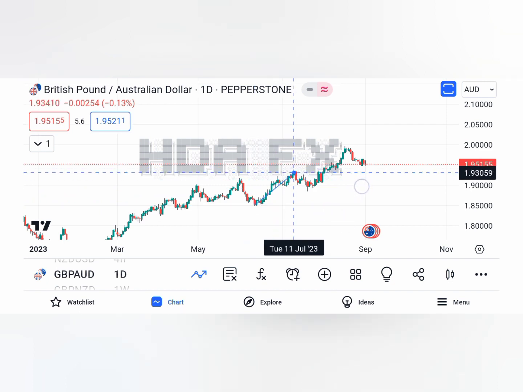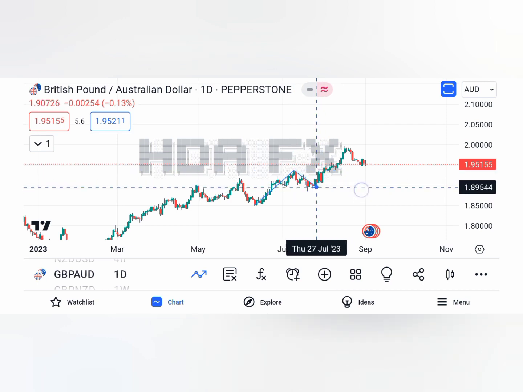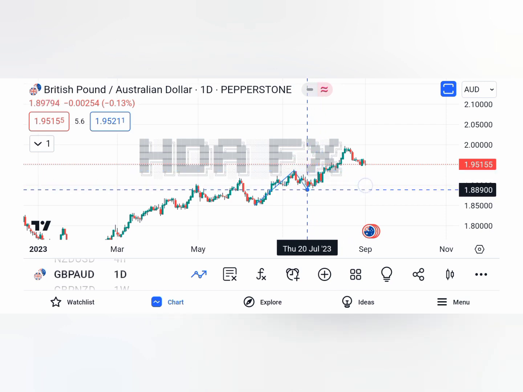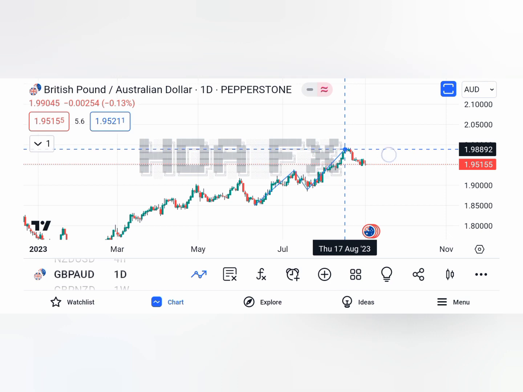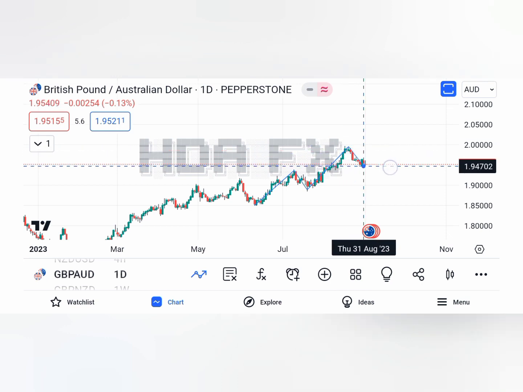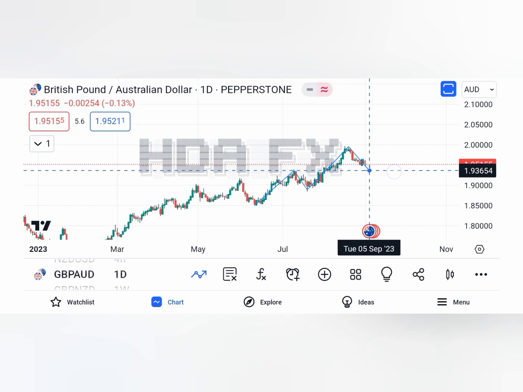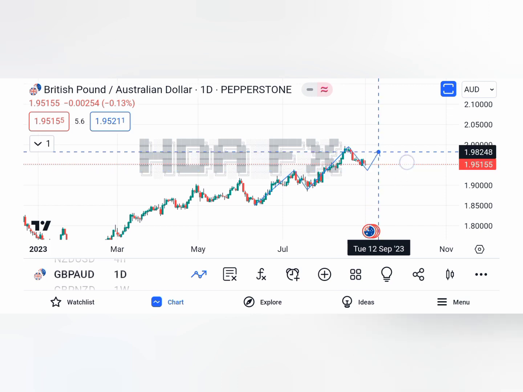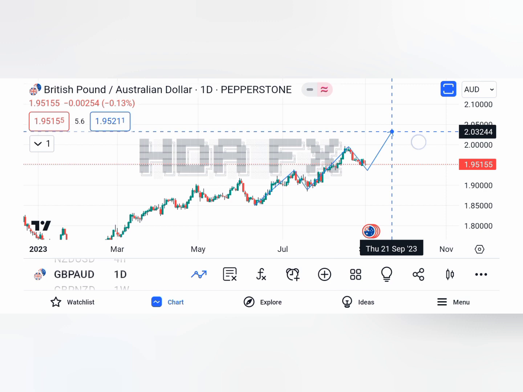We had the impulsive move here, then a retracement to this level, then the impulsive move here, then we can see the retracement, but we don't know when the retracement will end. So I'll be expecting an upward continuation, but I don't know when the retracement will end.